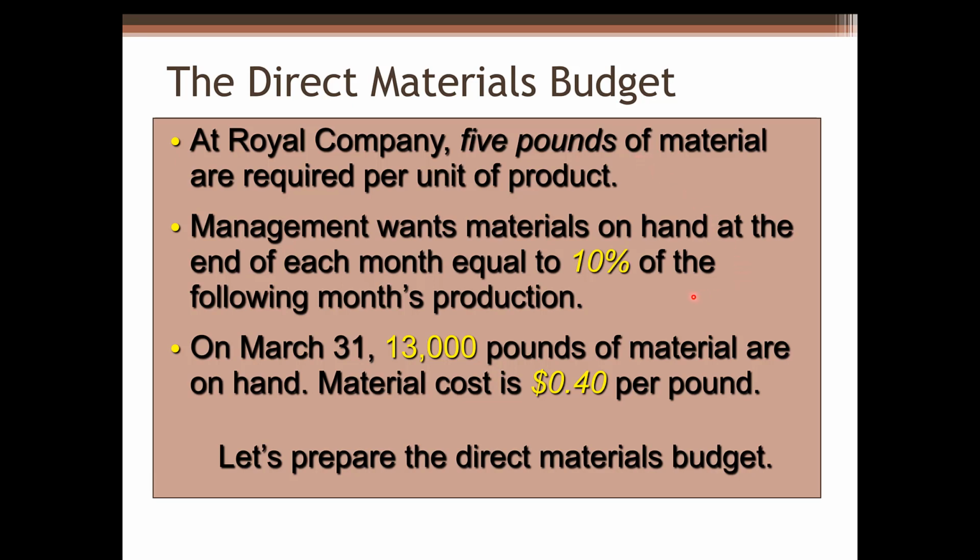Management wants materials on hand at the end of each month equal to 10% of the following month's production. On March 31st, 13,000 pounds of material are on hand. Material cost is 40 cents per pound. Let's prepare the direct materials budget.